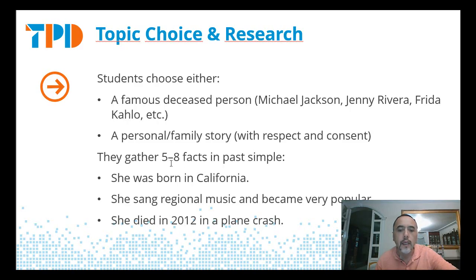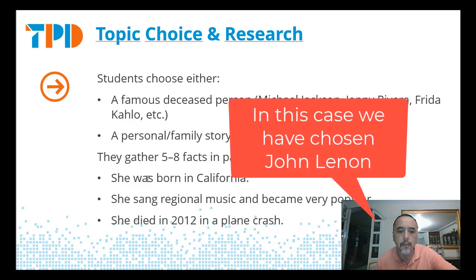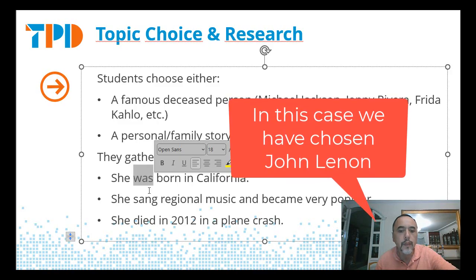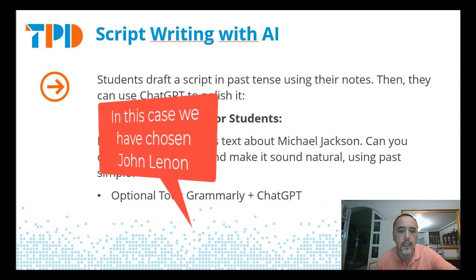And well, the main objective is that they practice the past simple grammar, that is to say the verb to be, was, were, along with some regular and irregular verbs in English.